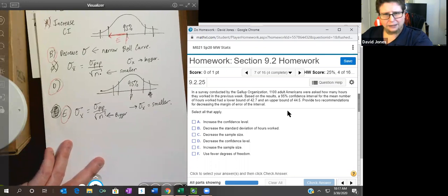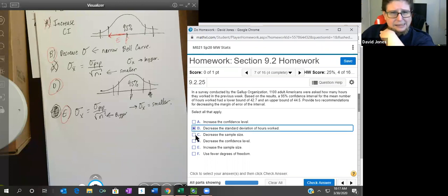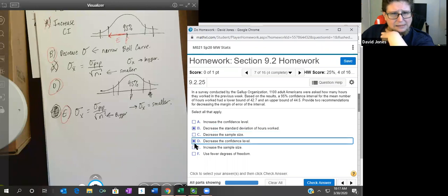So we're at a little dilemma. It says provide 2. And I've got decrease the standard deviation of hours worked. Should do it. That might be the one they're eliminating though. All 3 work.